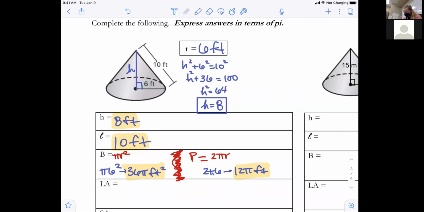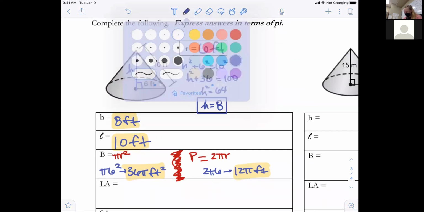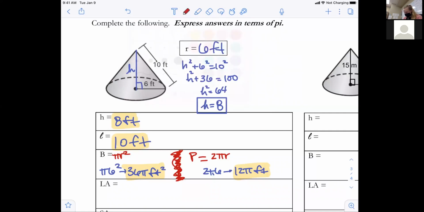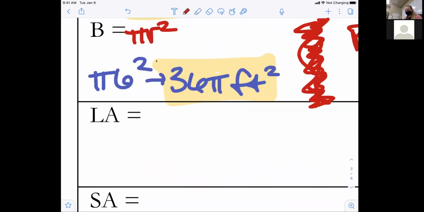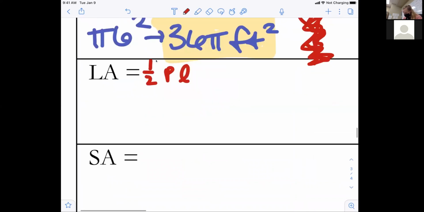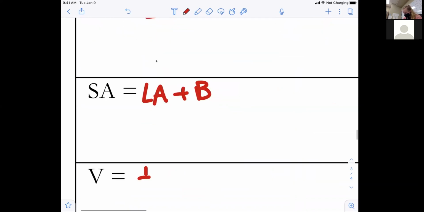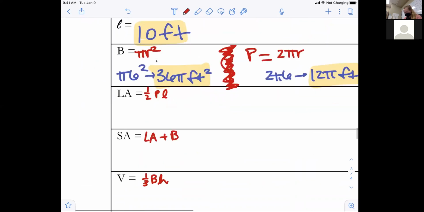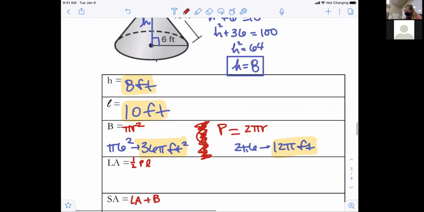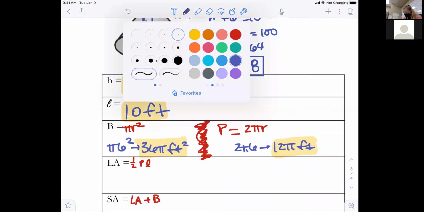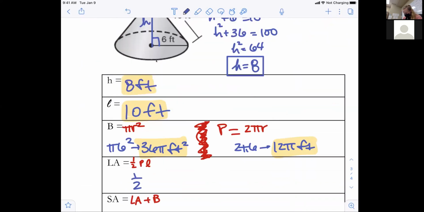Reminder that LA is 1/2 P times L. SA is LA plus B. And then volume was 1/3 B times H. So for LA, I've got 1/2 times 12 pi times L, which is 10.